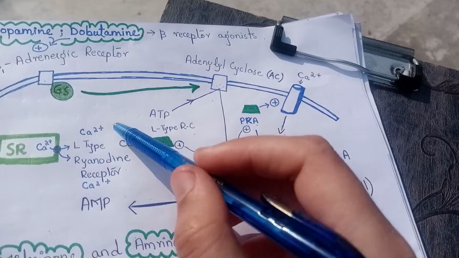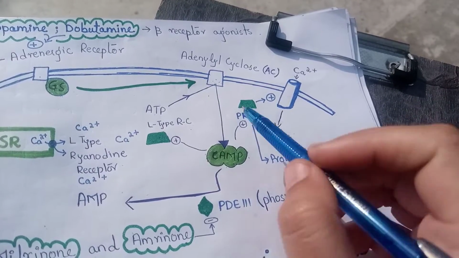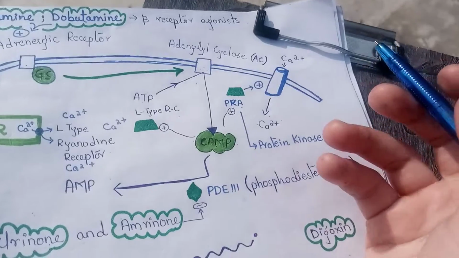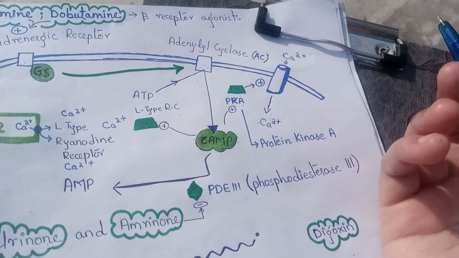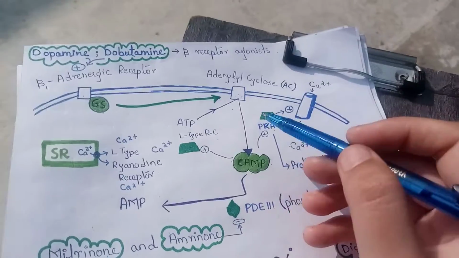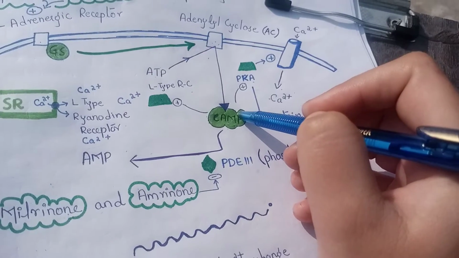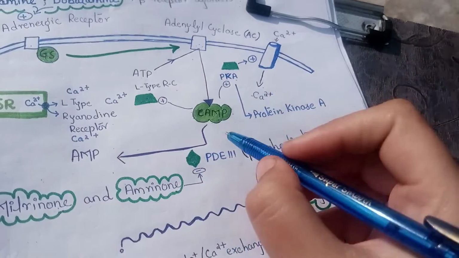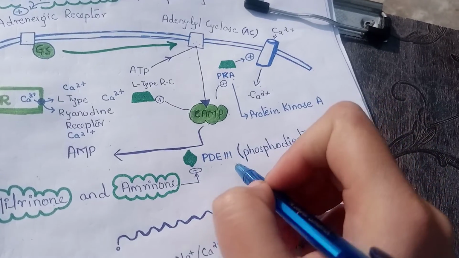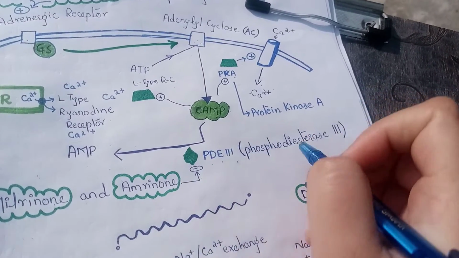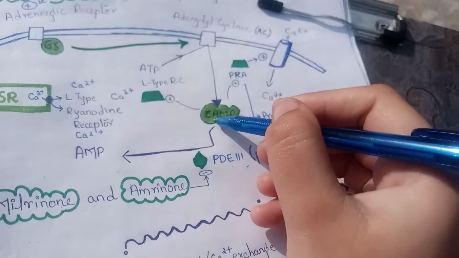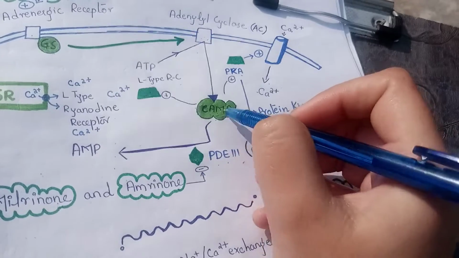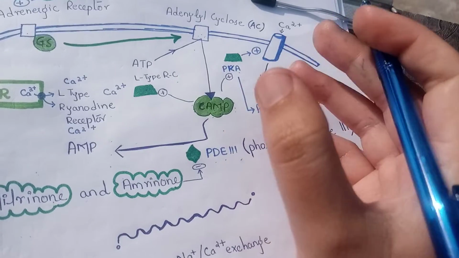If more calcium is present inside the cell, it will bind to troponin C, and thus lead to muscle contraction. The cAMP is converted to AMP by phosphodiesterase. This is an enzyme which converts cAMP to AMP. So if the cAMP level is decreased, the muscle will relax.